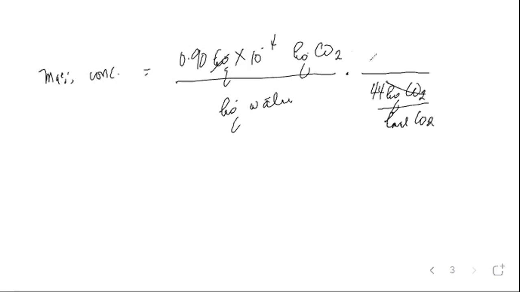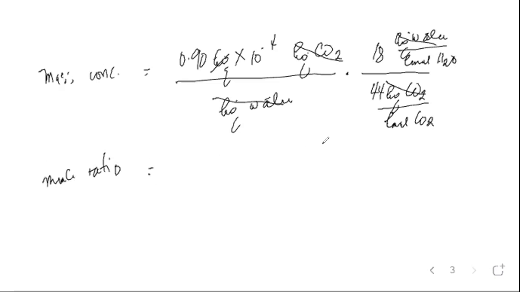That way we can have this canceled. Now, if it's water, that would be 18 kilograms water per kilomole water. Now we get to cancel the kilogram water. So from mass ratio, I have converted to mole ratio. So all you have to do is do the maths here. So you have 0.9 times 10 raised to negative 4.